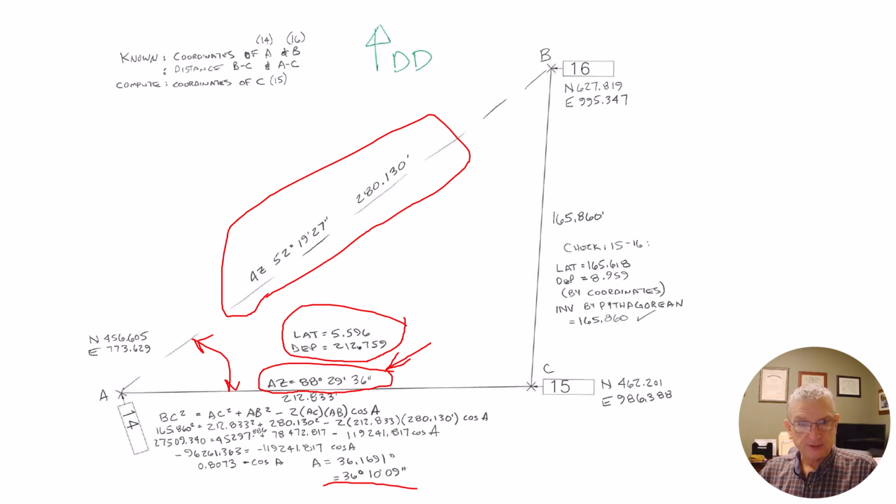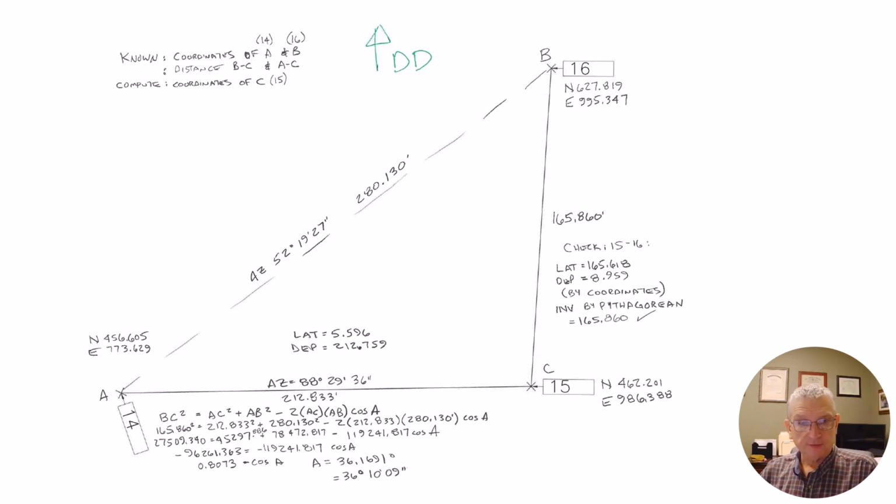So the azimuth is less than 90, but it's close, so we're going mostly due east. So the latitude, because we're north of due east, we're climbing, so our latitude is going to be a positive value, but slightly. And our departure is also going to be a positive value and almost the length of the line. Notice that it's 212.795, whereas the length of the line is only slightly longer at 212.833.